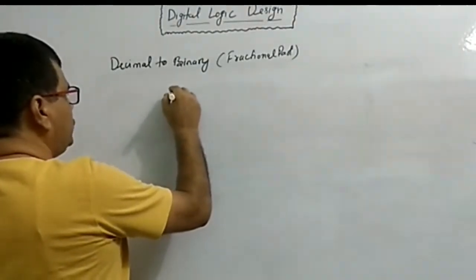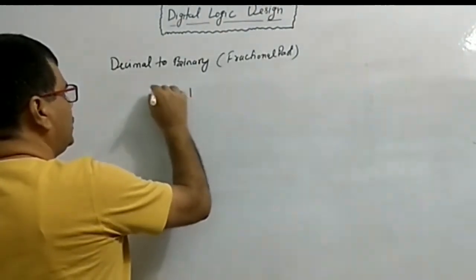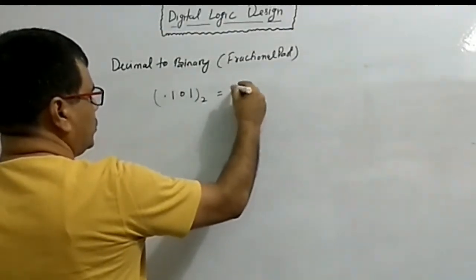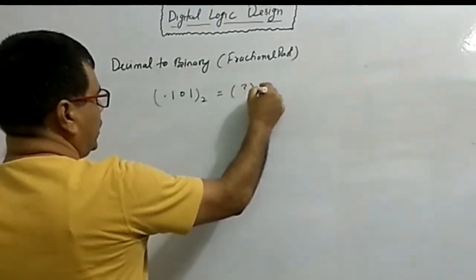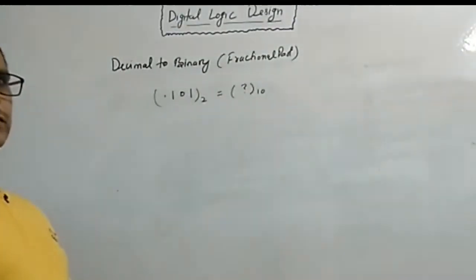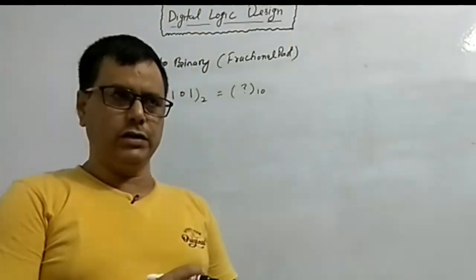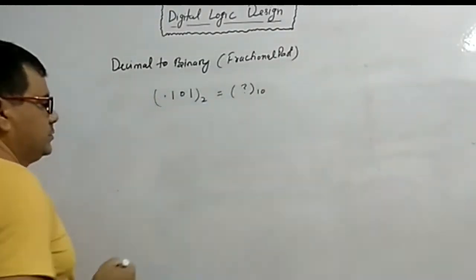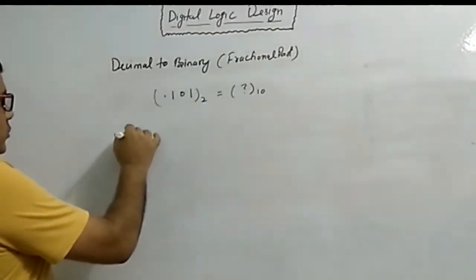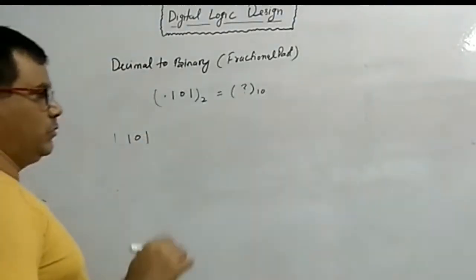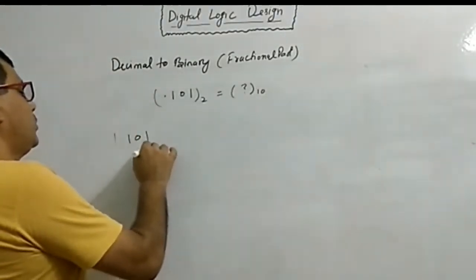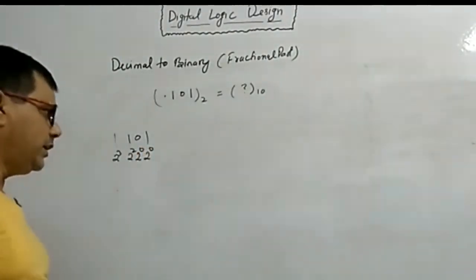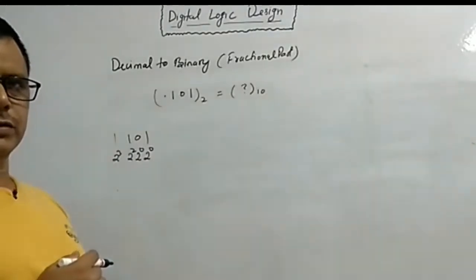For example, in integer parts, if the binary number is 1101, what will you do? 2 to the power 0, 2 to the power 1, 2 to the power 2, 2 to the power 3. You multiply the corresponding weight by the bits in whole numbers.